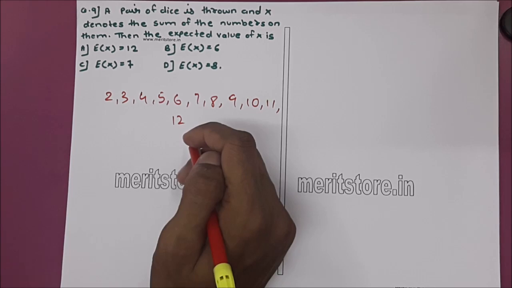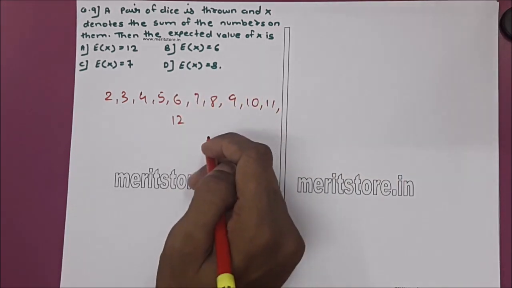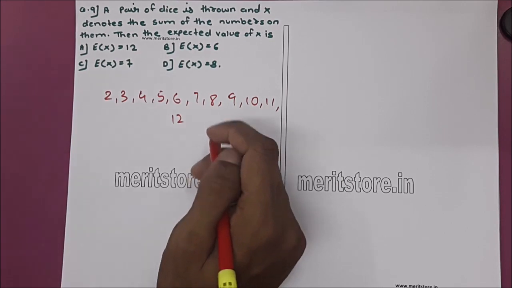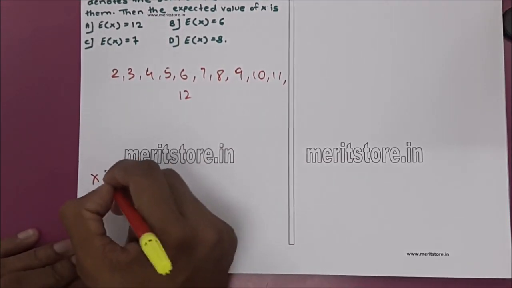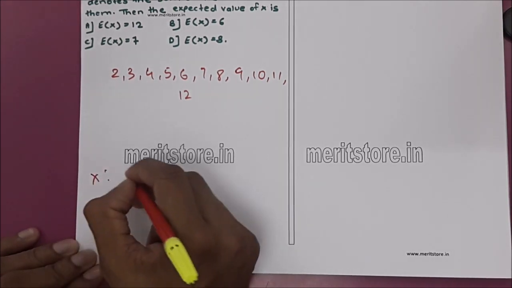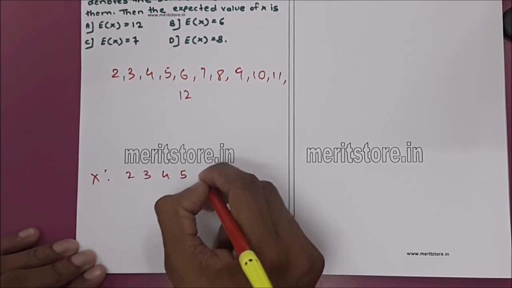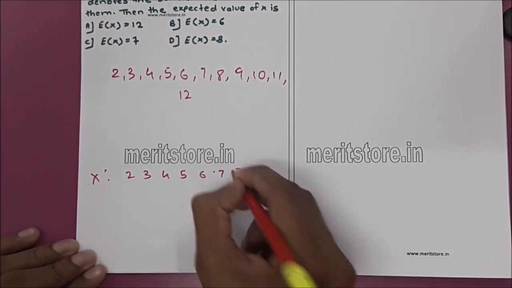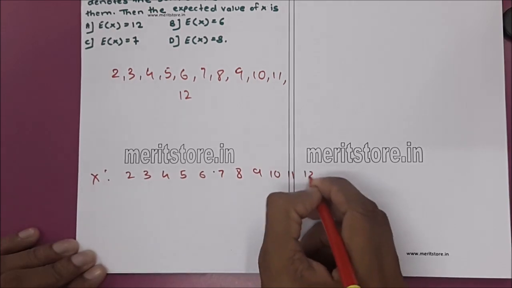The probability distribution of x, that is 2, 3, 4 till 12, we have to make a table: x is 2, 3, 4, 5, 6, 7, 8, 9, 10, 11 and 12.